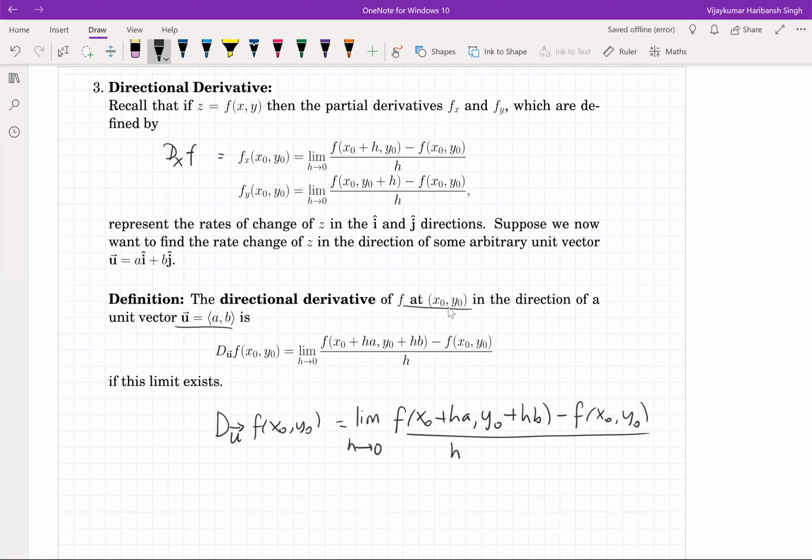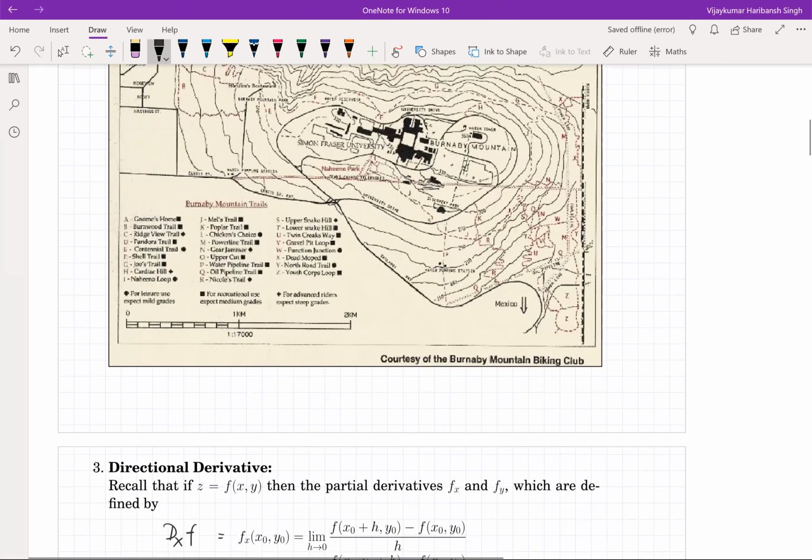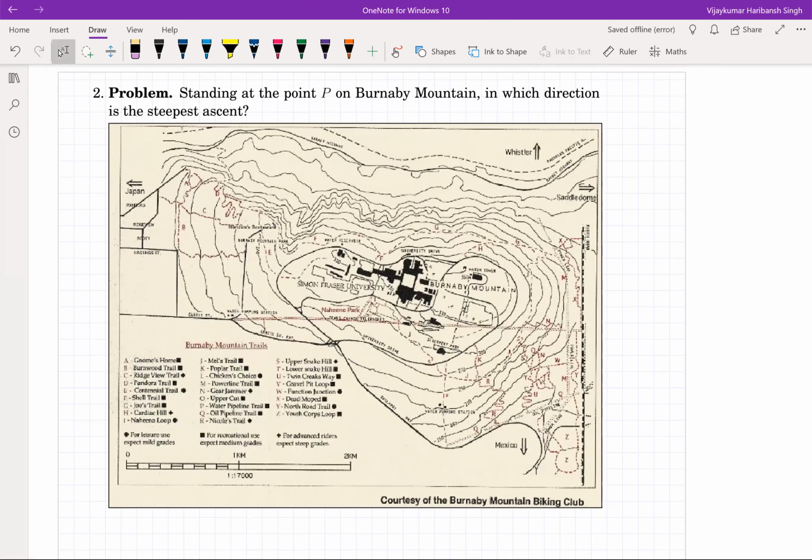So now let's go back a bit. What does it capture? Let's take a point P somewhere here. Then one can ask the following question: standing at this point P, in which direction is the ascent steepest?